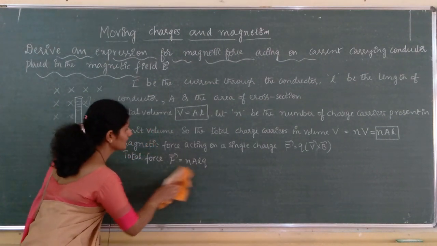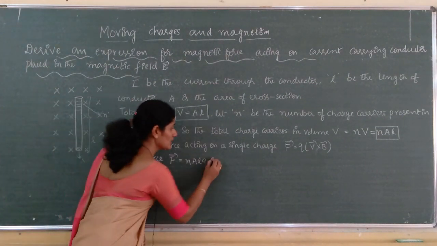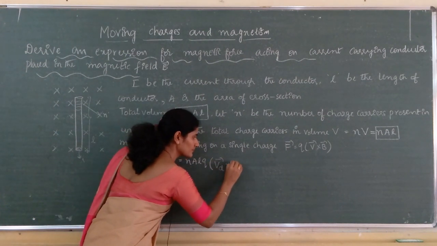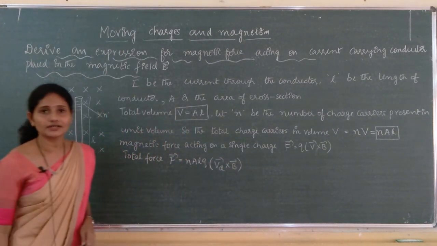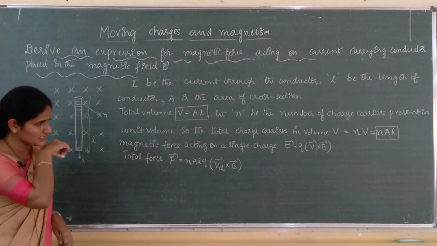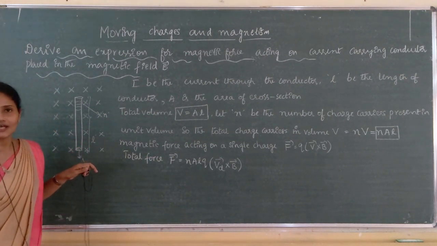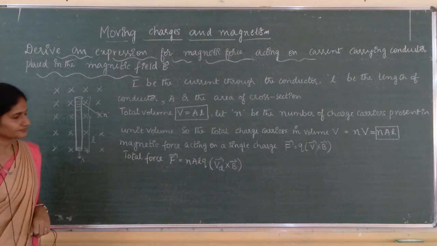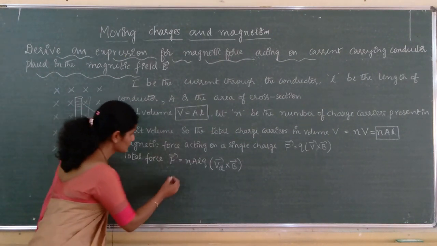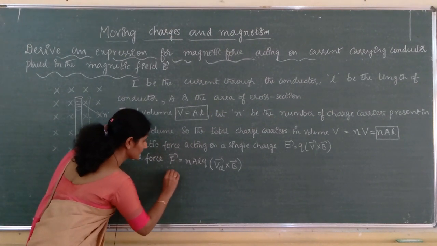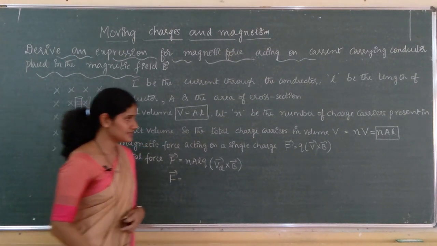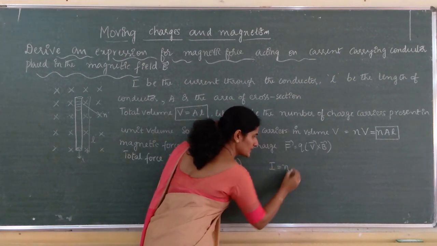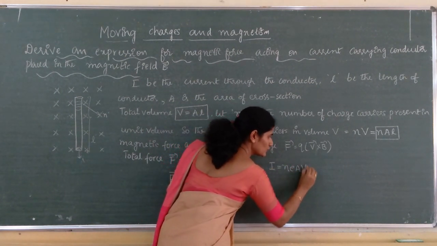So, F is equal to nAL into q into vd cross B. Here vd is the drift velocity with which all the charge carriers are moving from one end to the other end. We know that I is equal to n e A into vd.